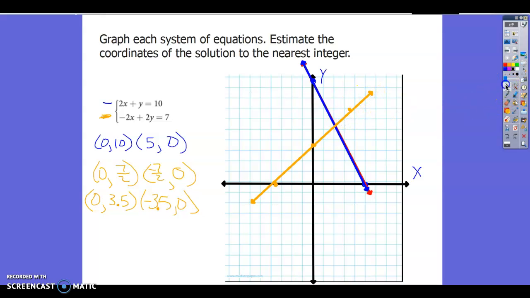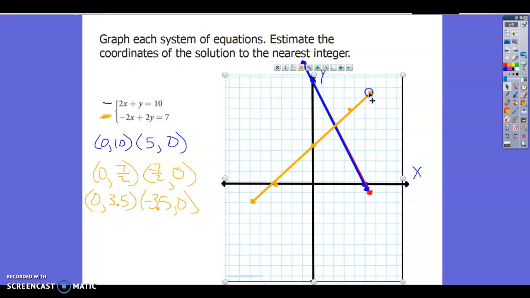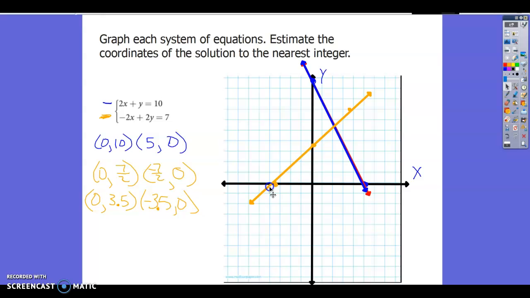I wish I could click on that line and see if it's going to look any different. You can tell I don't play with this much anymore since I don't use it every day. Well, let's just kind of estimate it.